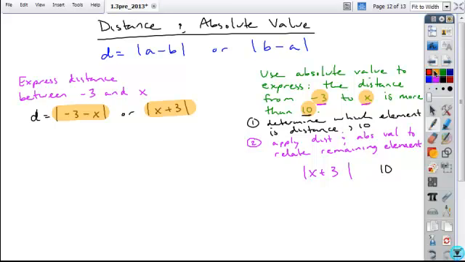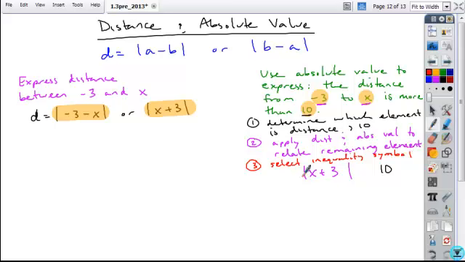And then the final step, after you relate those pieces, you're then going to select the correct inequality that's needed for that particular case. So here it is more than 10.